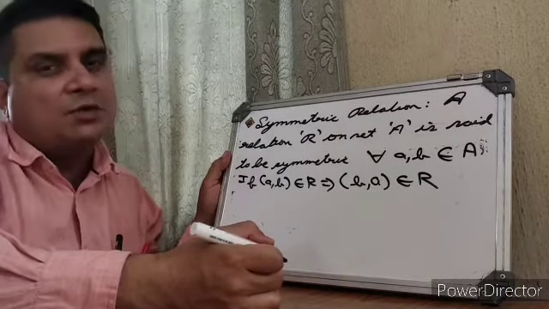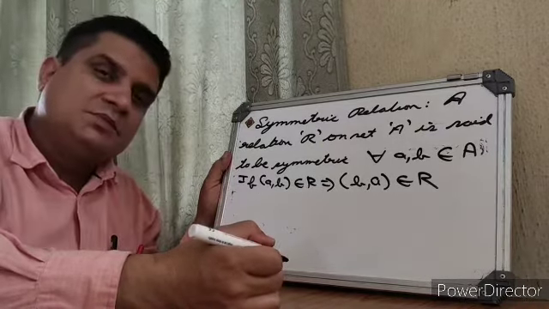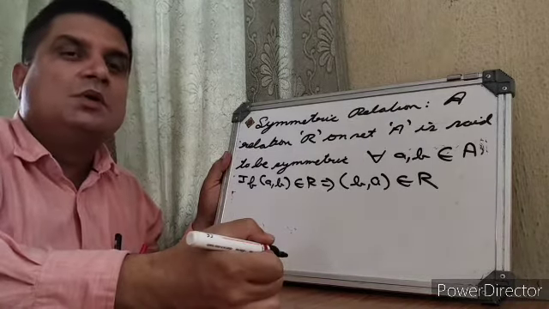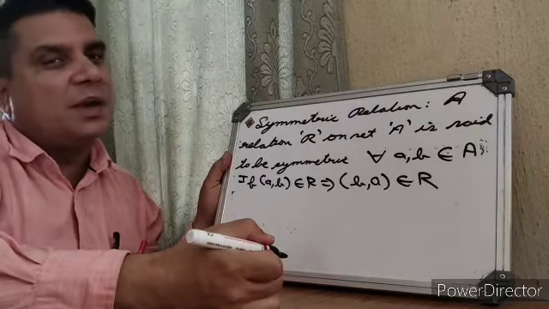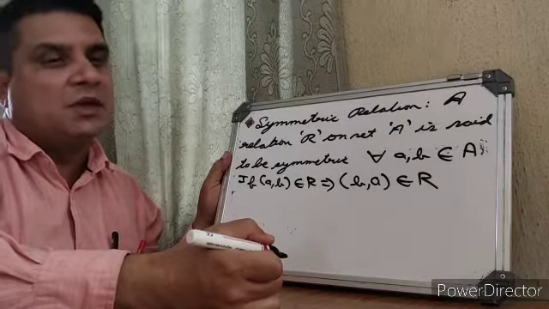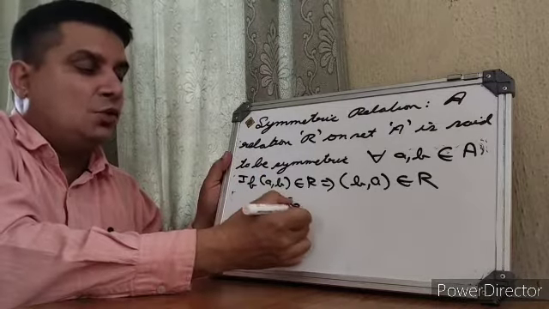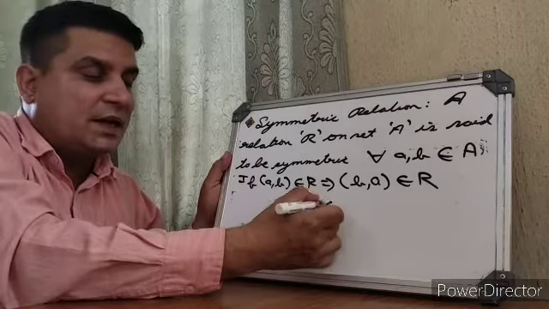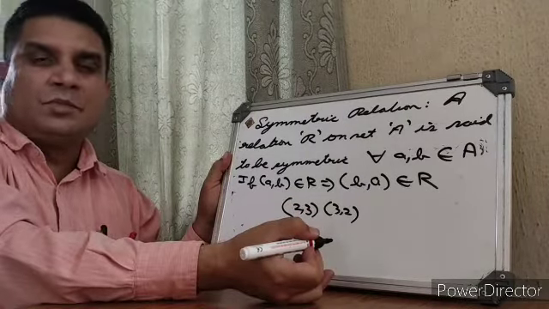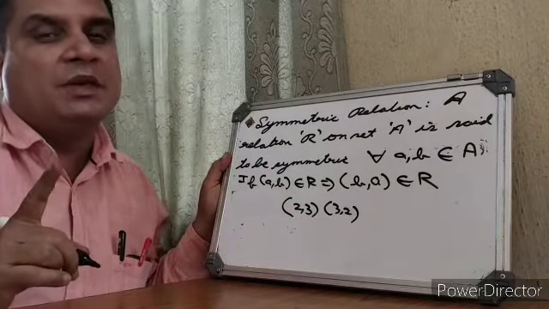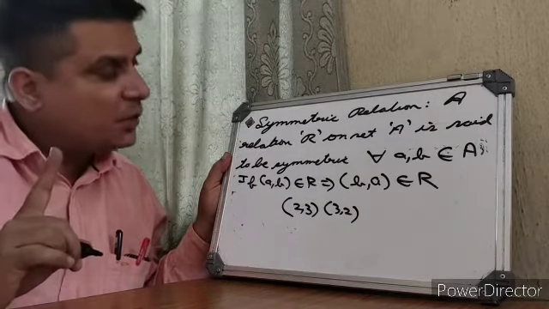If line 1 is parallel to line 2, this implies that line 2 is parallel to line 1. Example number 2. Ram and Shyam live in the same locality. This implies that Shyam and Ram live in the same locality. So this is your symmetry. Do remember, in symmetric, if (2, 3) is given then you have to search for (3, 2). If it is not given, then there is no problem. Okay, and do remember your empty set, that is phi, is also an example of symmetric relation.